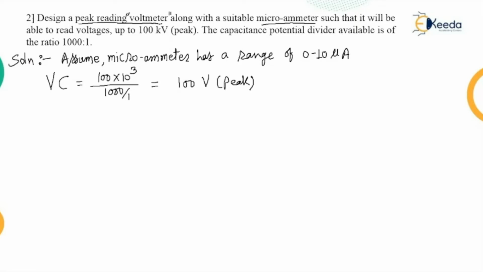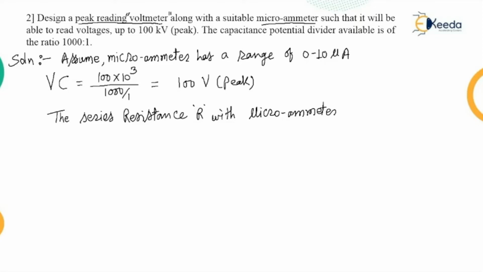Now, the series resistance R, which is in series with the microammeter, can be calculated. R is equal to voltage, that is 100 volt, which we have calculated, divided by current.